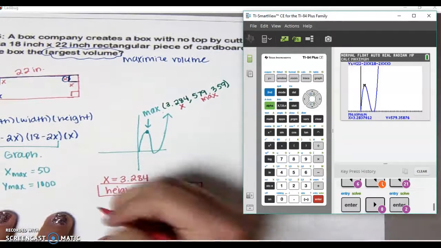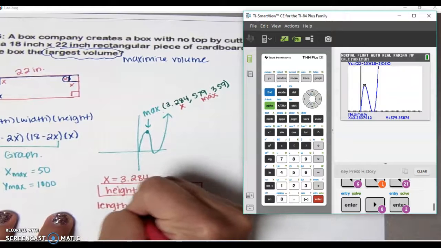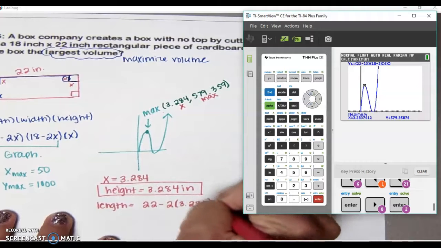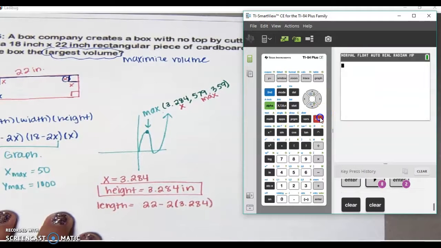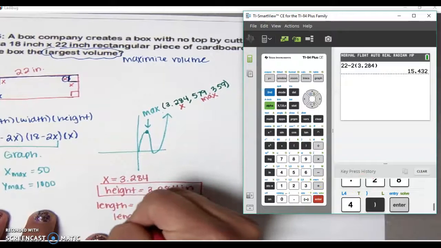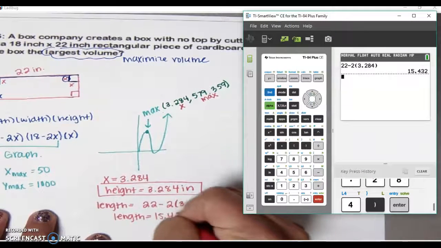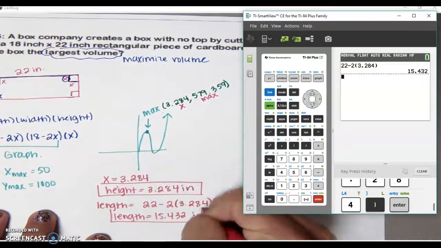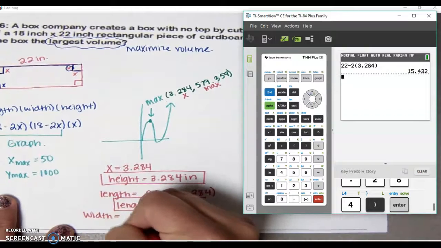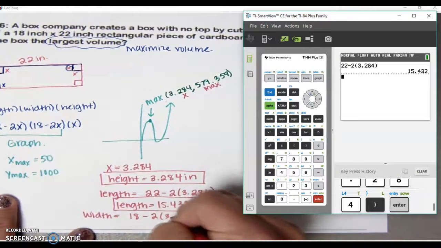Okay, so remember for your length, we said that was going to be the formula 22 minus 2 times X. So we're going to plug in X. And it'll give us 15.432. That's also inches. And then your width was 18 minus 2x.